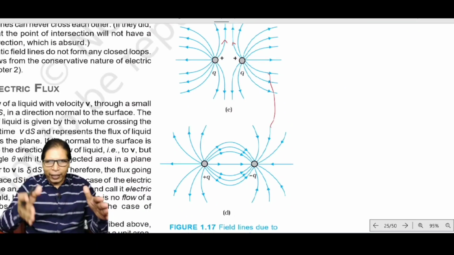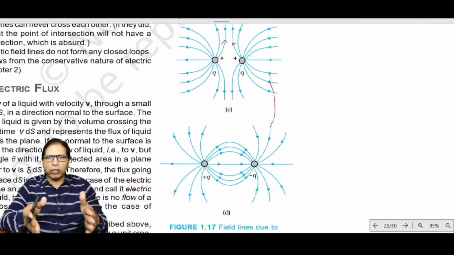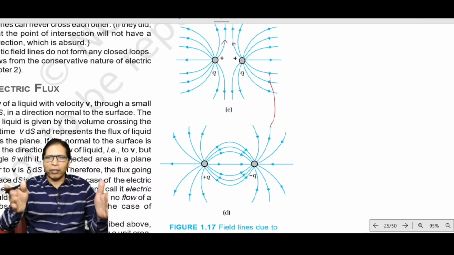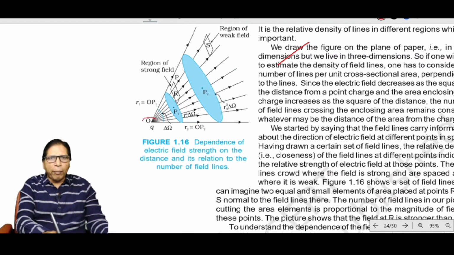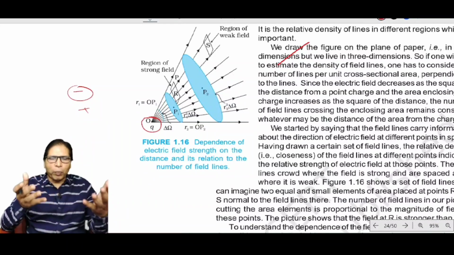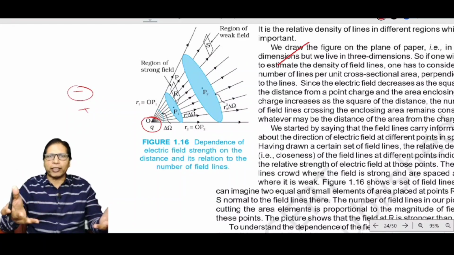The electric lines of force are like a rubber cord, they elongate or compress along the length. Now the number of lines of force originating from a positive charge or terminating at the negative charge is directly proportional to the magnitude of the charge.